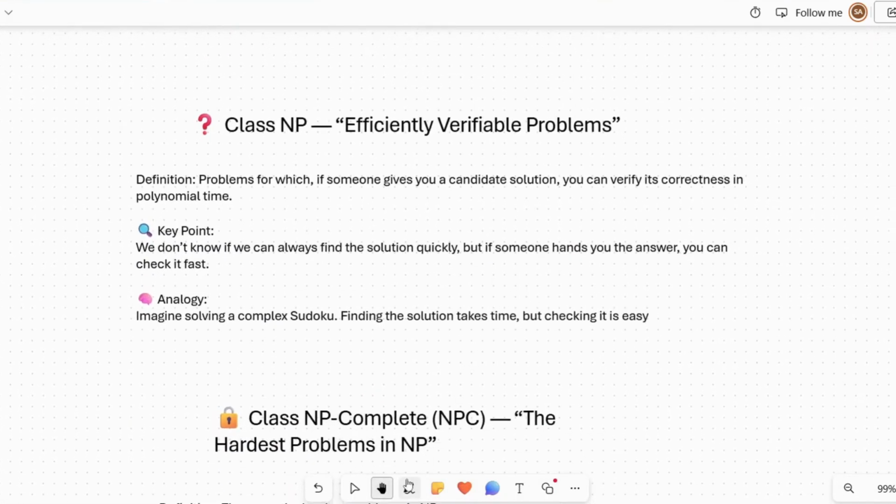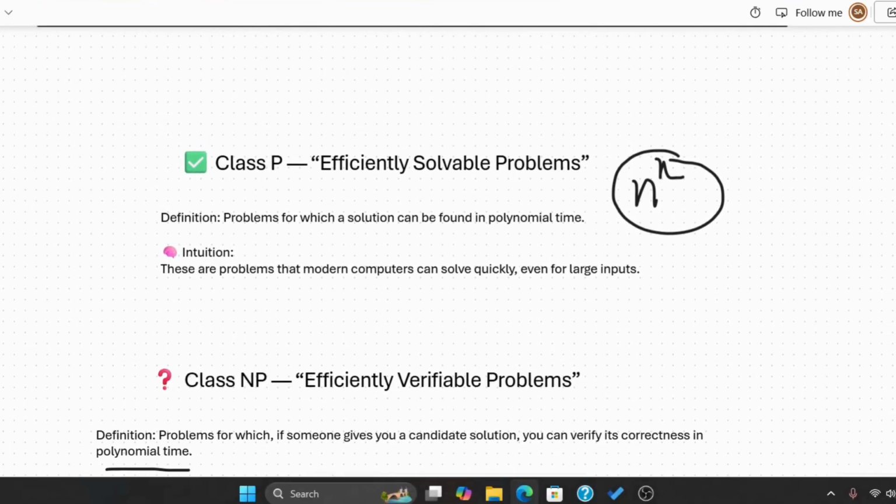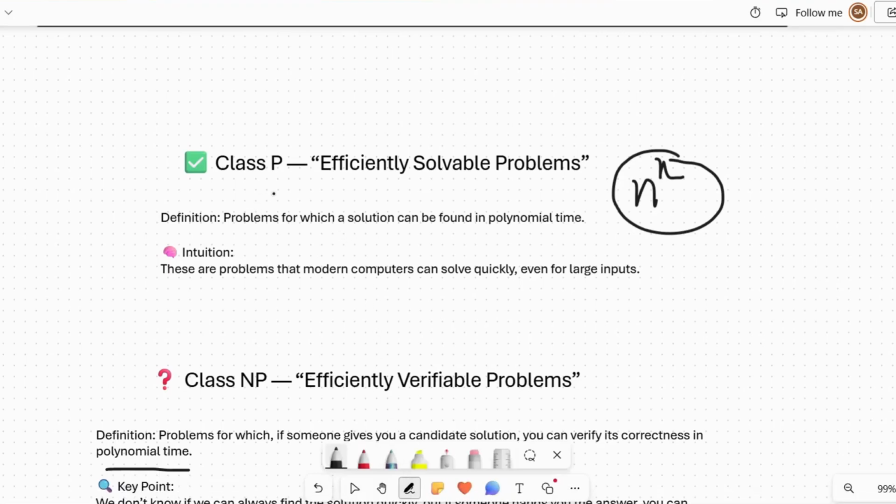Now what is an NP problem? Problems for which, if someone gives you a candidate solution, you can verify its correctness in polynomial time. So in class P, we find the solution in a deterministic way.